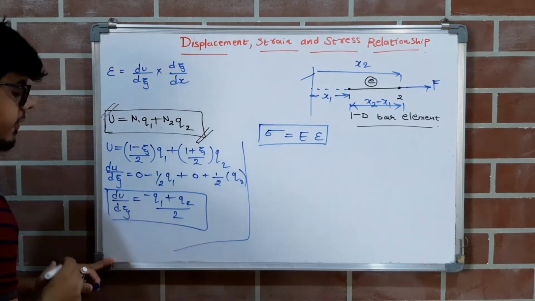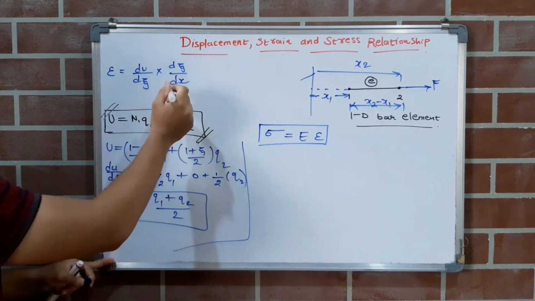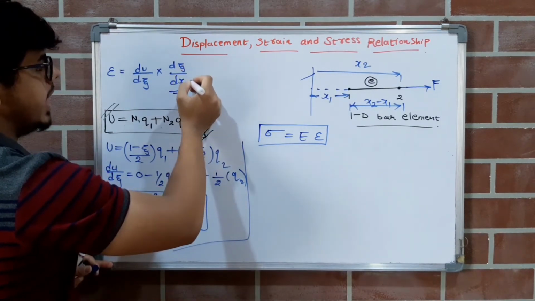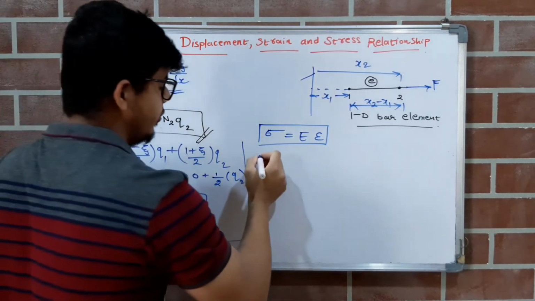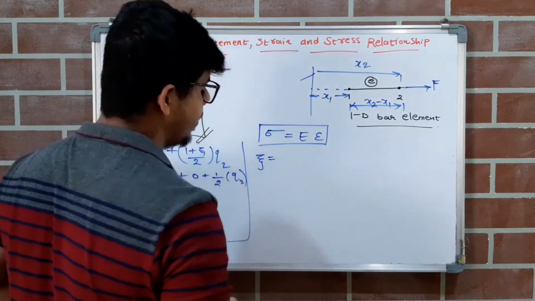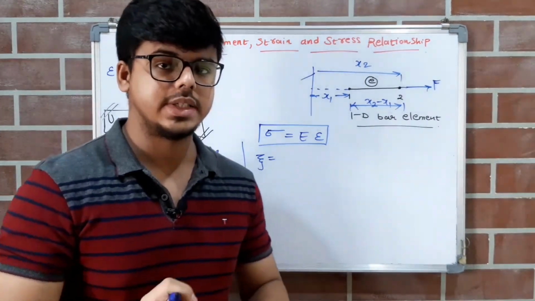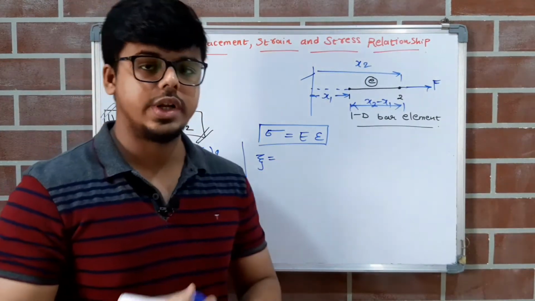Now after getting du by d zeta, we want to find d zeta by dx. So now we need the relationship between zeta and the Cartesian coordinate. The formula is important but the derivation is not, as this derivation is not in our syllabus.